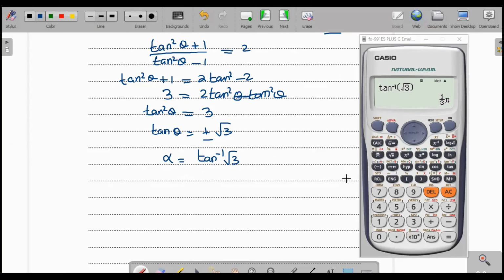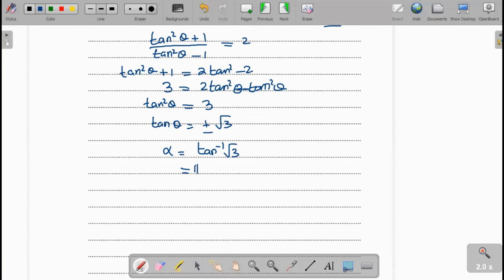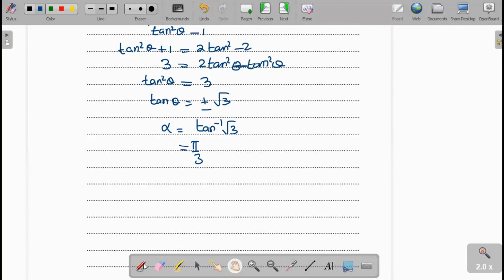Now you see here this answer is pi over 3. Now in the first and second quadrant, tan value is positive in the first quadrant.